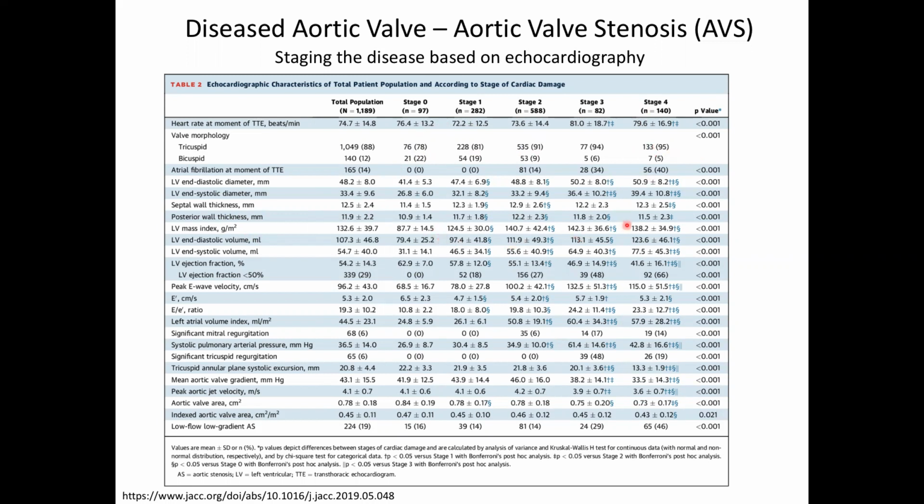Is each bucket different than its neighboring bucket, or is there a relationship between this index, say LV mass index? Is there a linear relationship between these stages and that parameter?